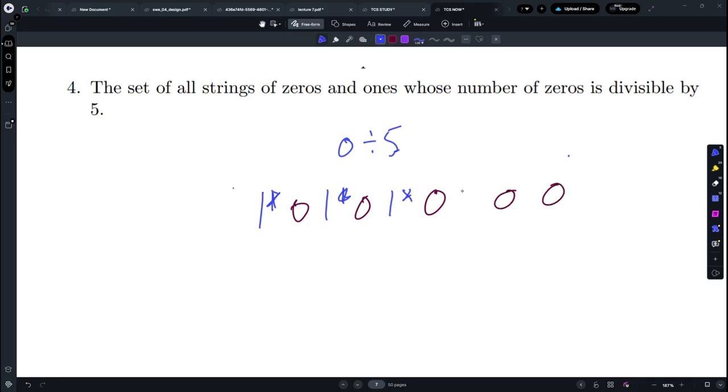We already have 5 zeros, it doesn't matter here what's here, and then we put an asterisk here, meaning that it will always have 1 2 3 4 5 zeros, and it will loop on its own again and again. Every time you use this, you will always have multiples of 5 zeros, and if you don't use it, it's basically 0 zeros, which also is divisible by 5, so it also makes sense.